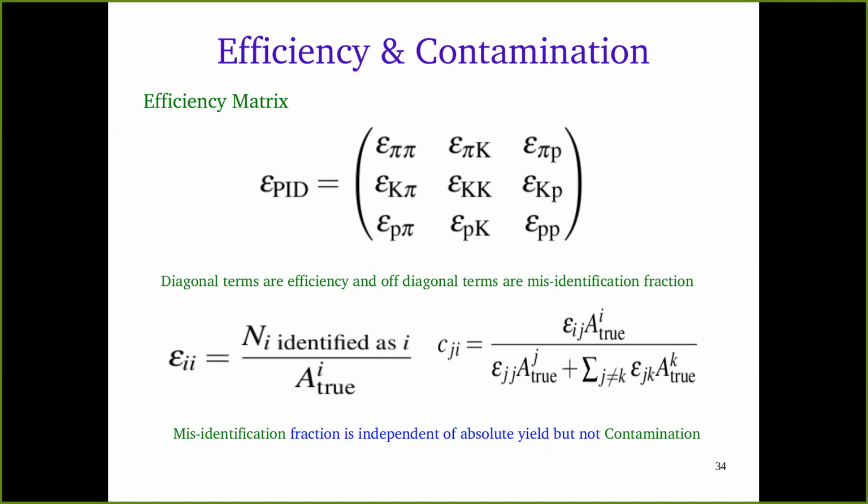Because all you do is that you have an event generator, and then you pass it through the GEANT4 model of your experiment, and then you get this detector response. So you have to tune the detector response in such a way that the final simulated signal is very close to data. Also, the absolute yields, the true yields of your Monte Carlo, are scaled or adjusted so that they are also very close to data.